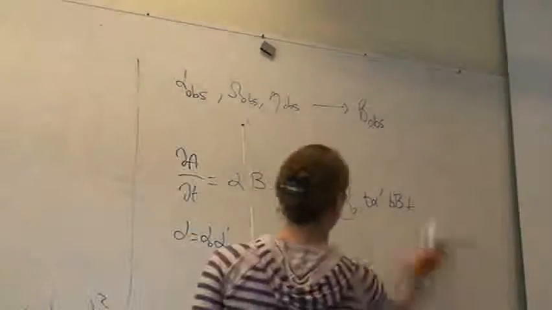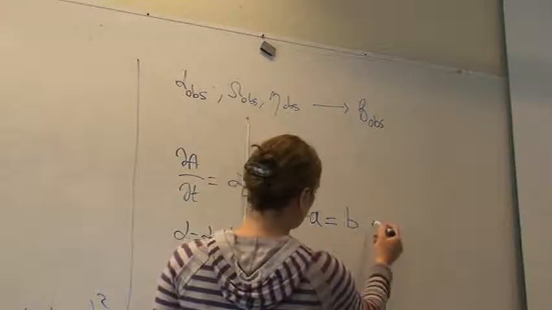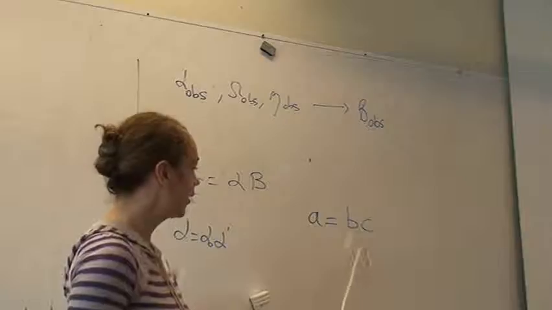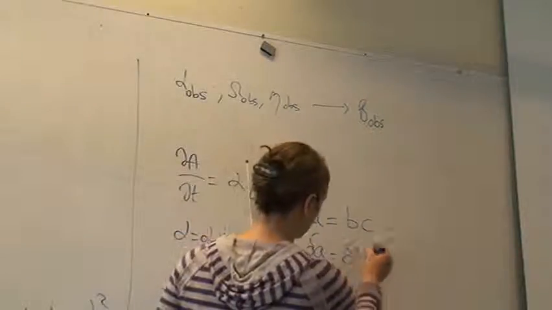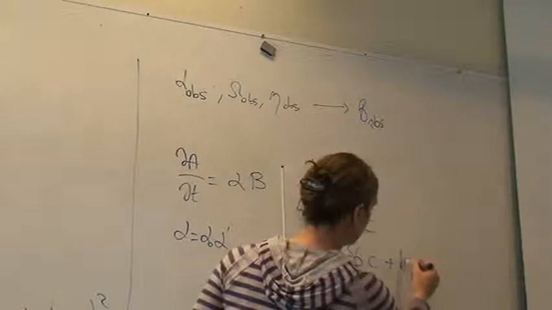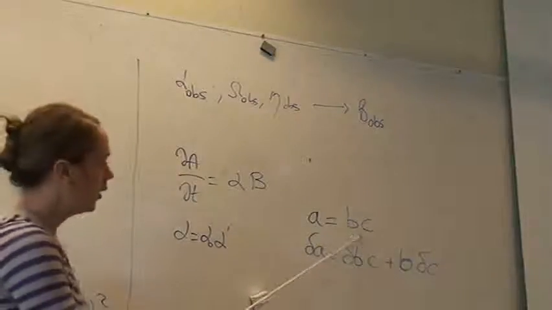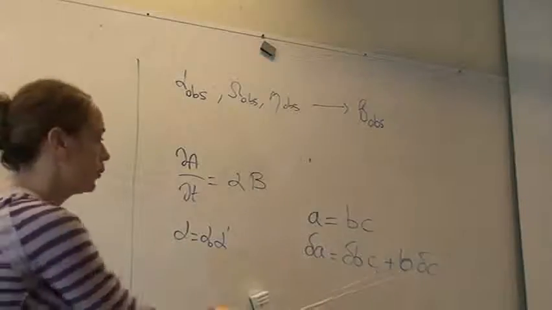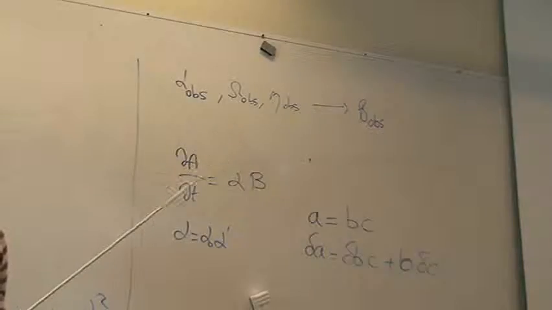If you just have an instruction which is A equals BC, the tangent linear code will be delta A equals delta B C plus B delta C. So as soon as you have a multiplication or anything like this, you will have to write your tangent linear version.